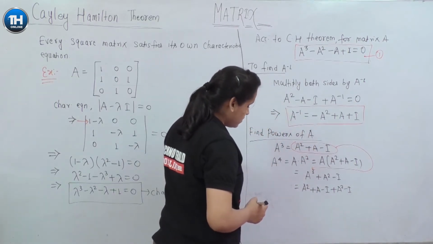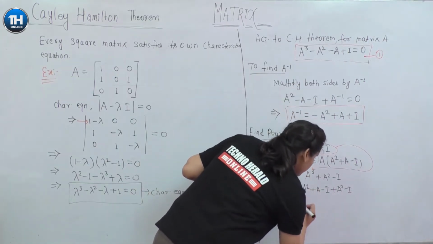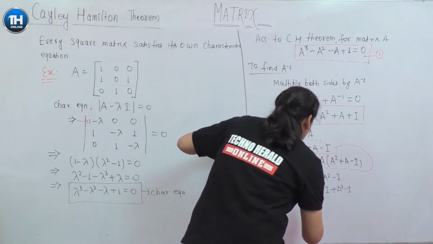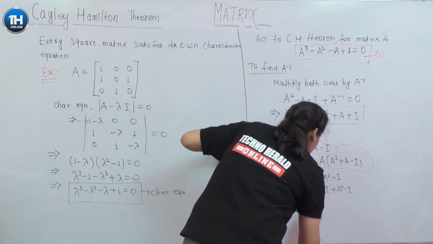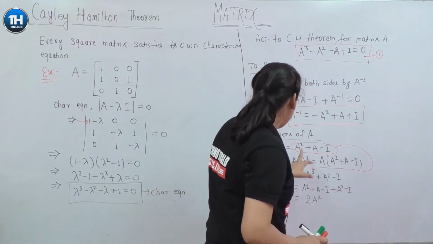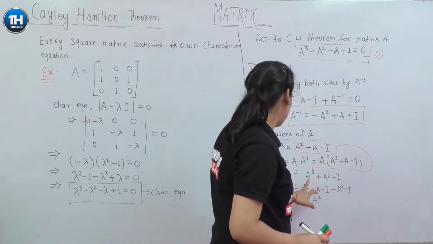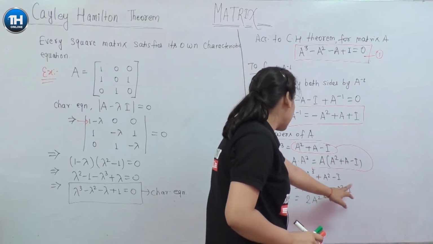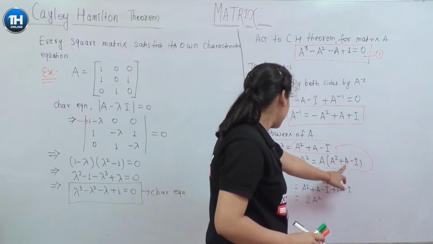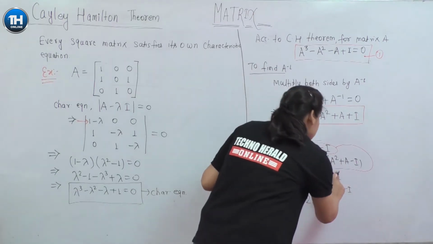So this is 2A square plus A minus 2I. A square plus A minus I plus A square minus I, and from here A square minus I into A. This is A, no?